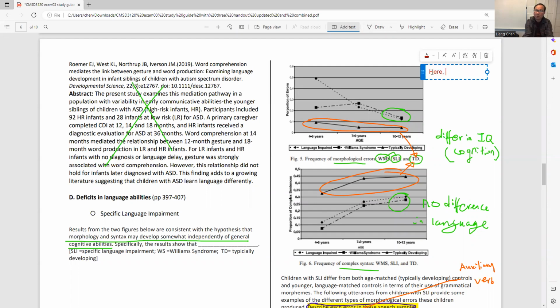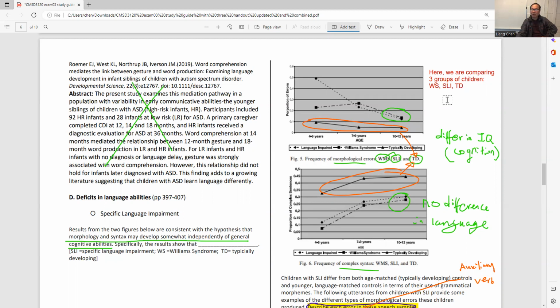Here, we are comparing three groups of children: Williams syndrome, SLI, and typically developing. In the previous study, they compared SLI, typically developing, and children with brain injury, because that part of the study was interested in neuroplasticity.